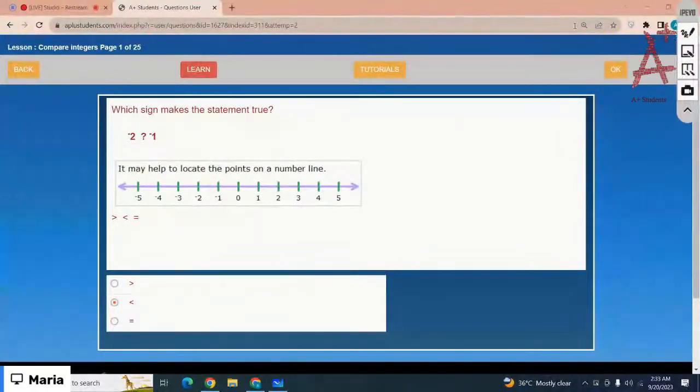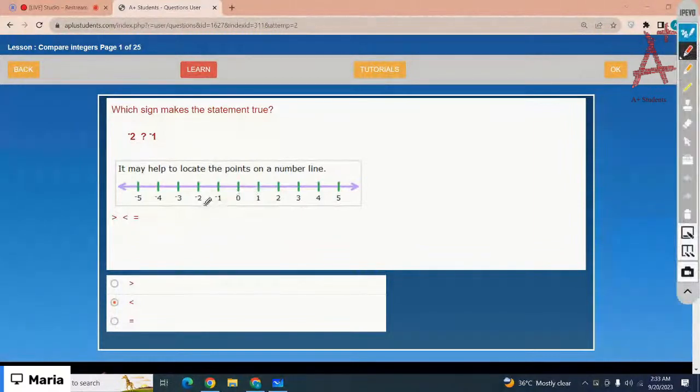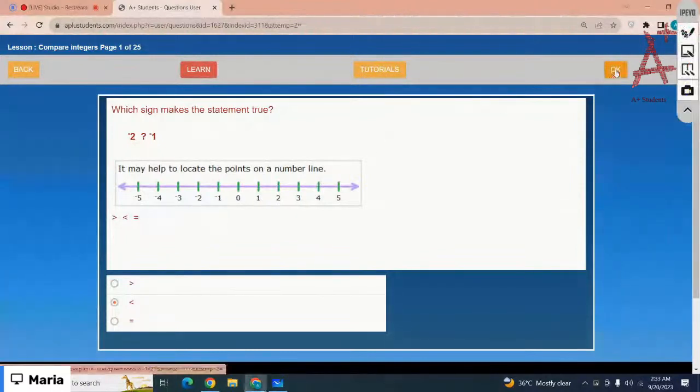Just look at the number line. Here is -2 and here is -1. -2 is farther from 0 than -1, so -2 is less than -1. On the negative side, as you are moving far from 0, the numbers are getting smaller and smaller. So -2 is less than -1, right?